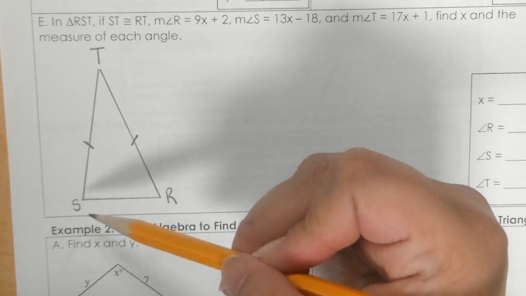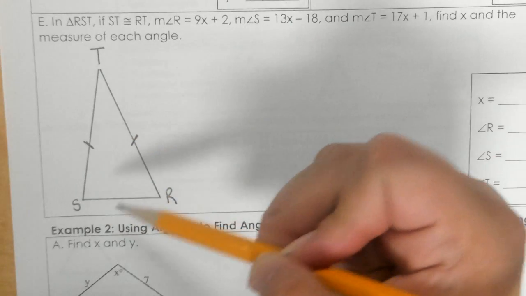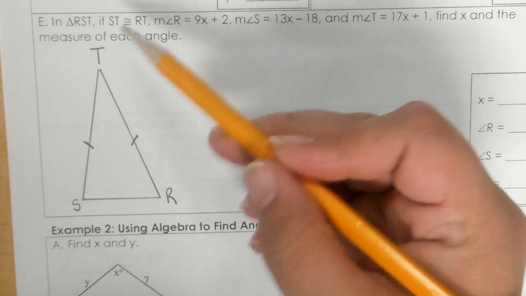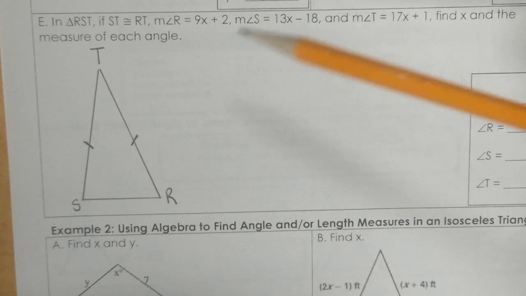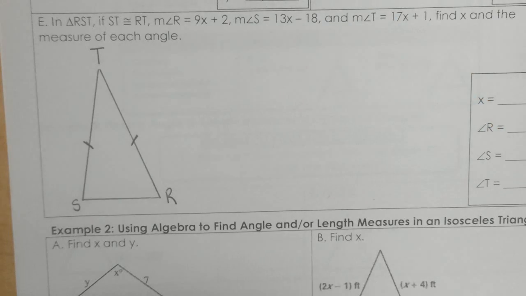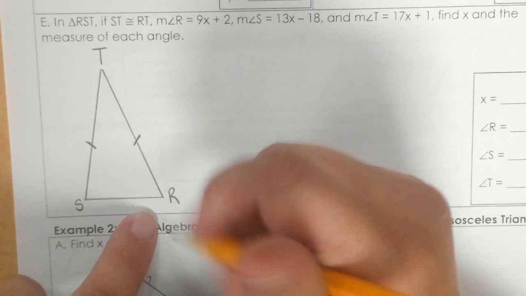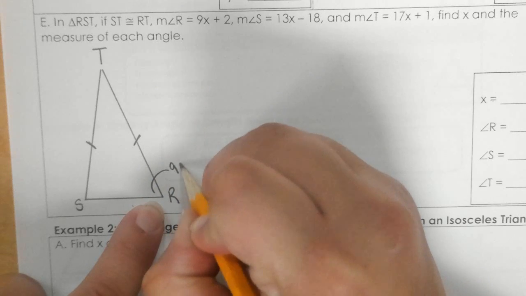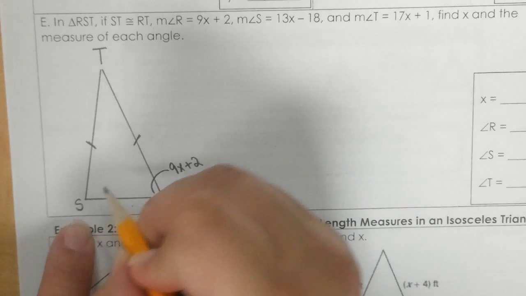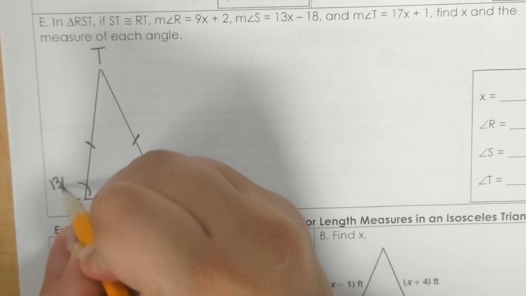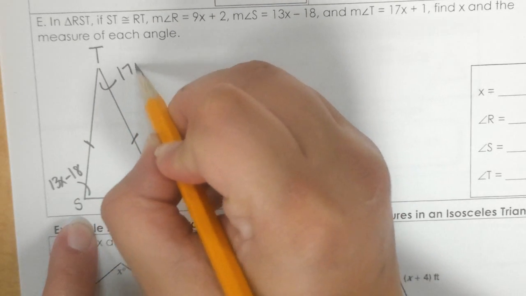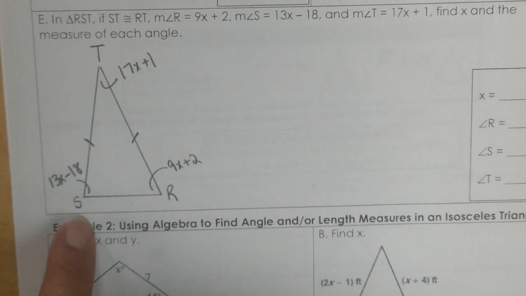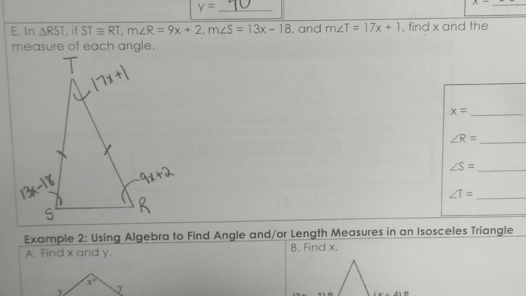Okay, so triangle RST, where ST is congruent to RT. Then it gives me all these expressions for the different angles. So angle R is 9x plus 2. Angle S is 13x minus 18. And then lastly, angle T is 17x plus 1. It says to find x and all the missing angle measurements.